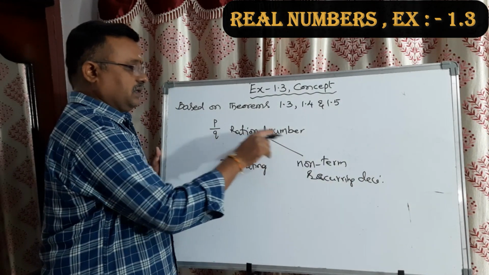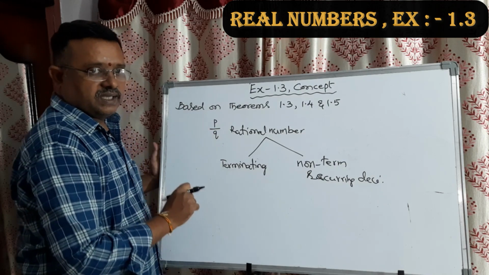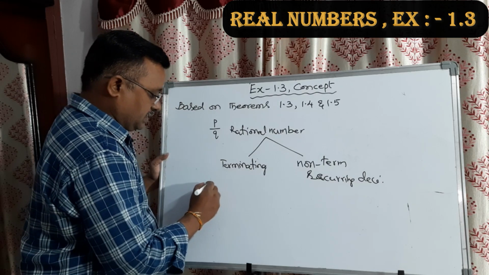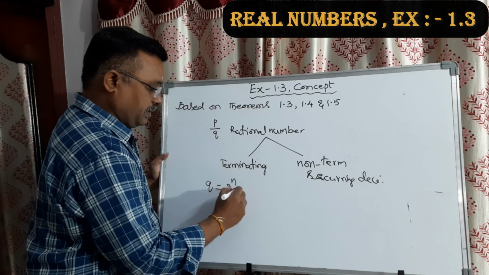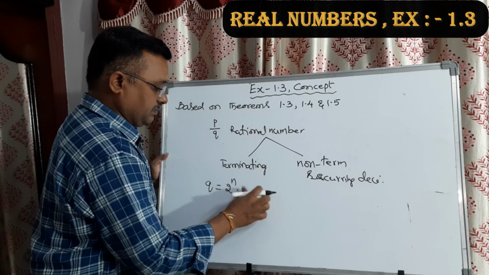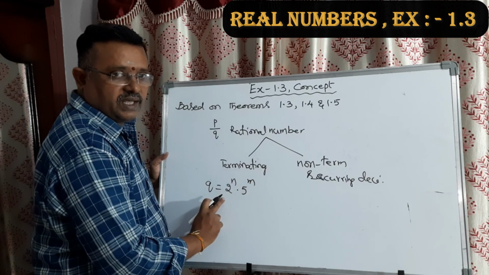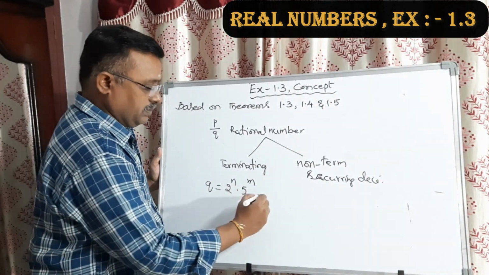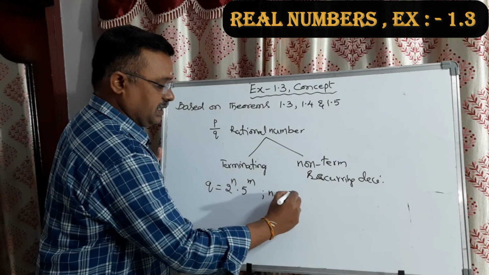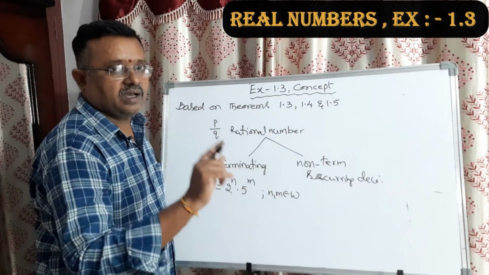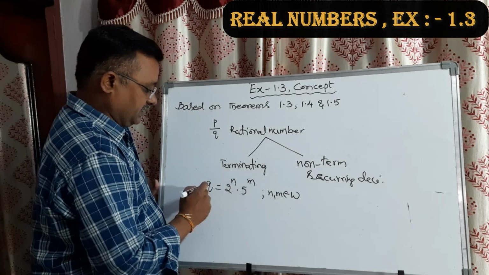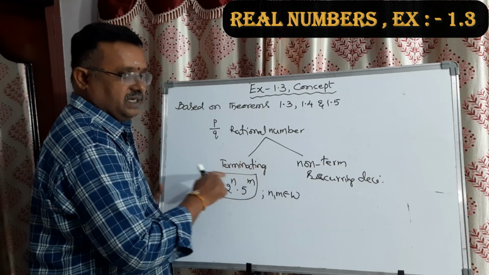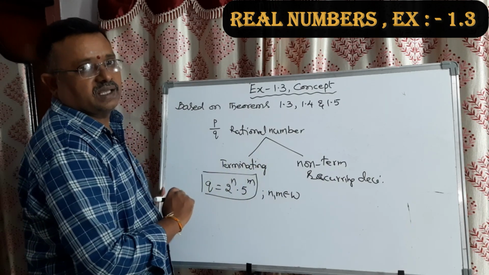If the rational number in the form of p by q has its denominator q in the form of 2 power n into 5 power m, where n, m are whole numbers, meaning non-negative integers, then in this condition the rational number gives a terminating decimal.